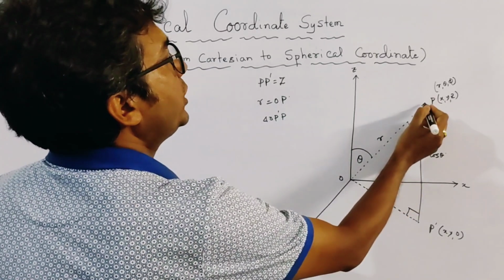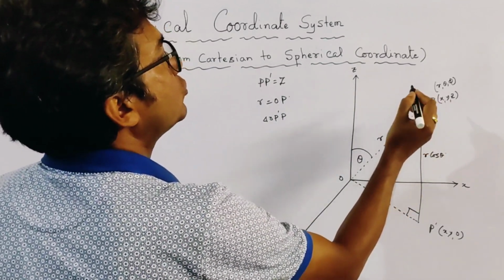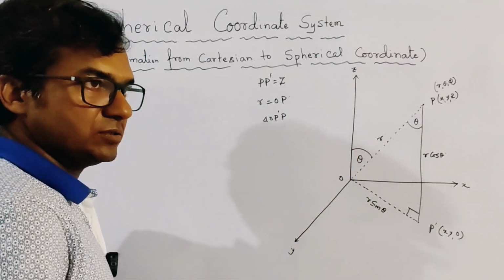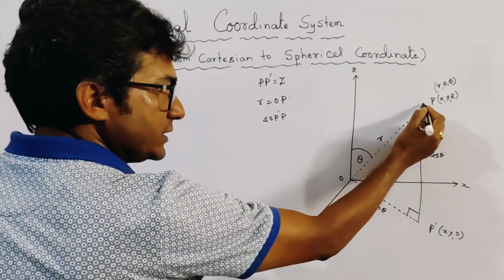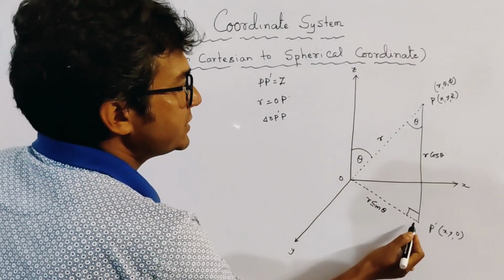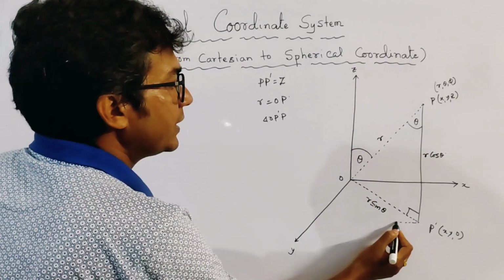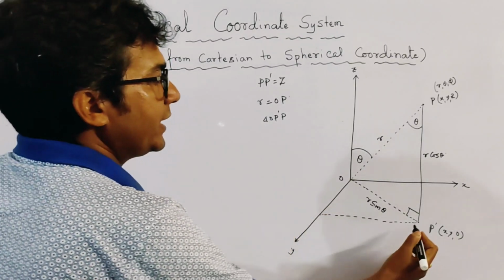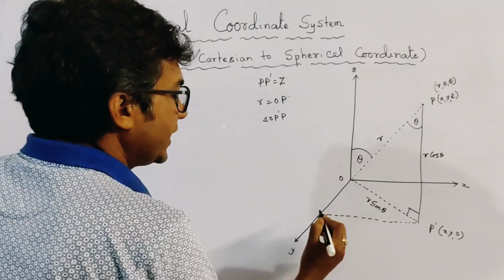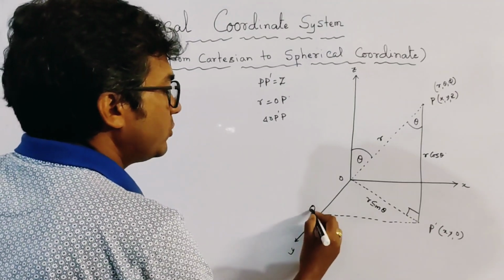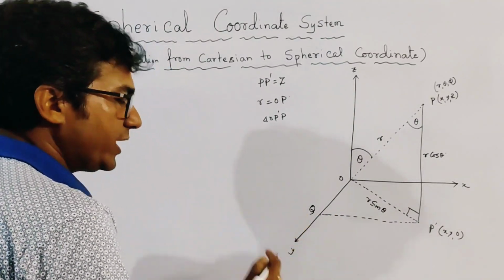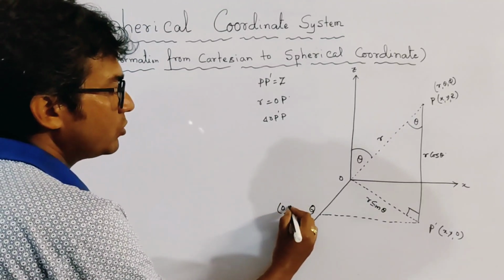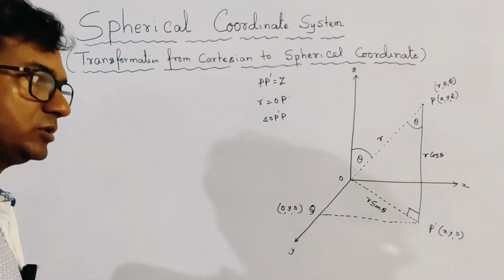Now if we draw a line from the point P perpendicular to the y axis, and take a point Q on the y axis, the coordinate of Q is (0, y, 0).